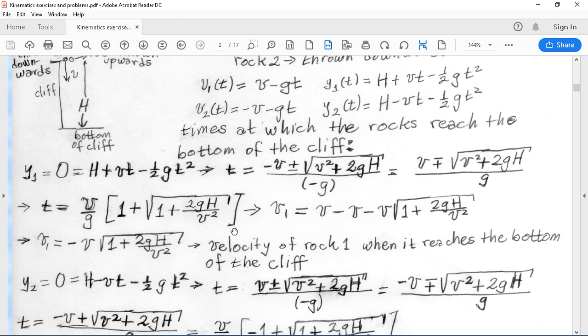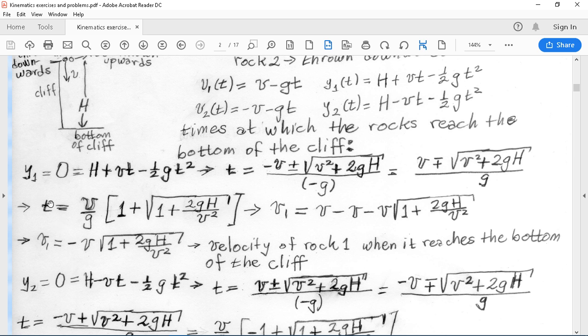Now, since the time has to be positive and this expression here is greater than this expression here, the term in which the sign before the radical is minus is not considered for the solution of the physics problem.